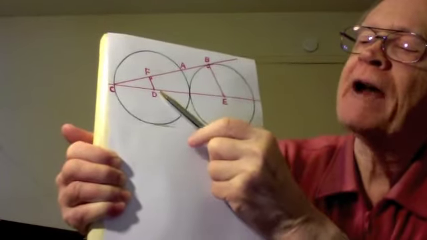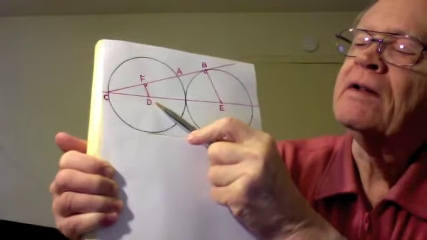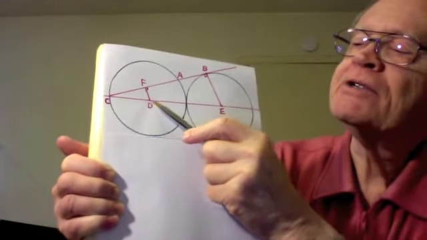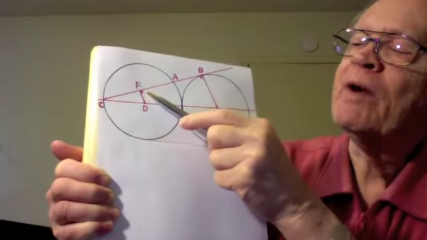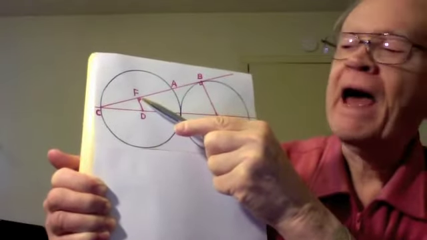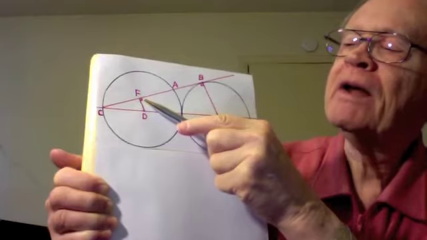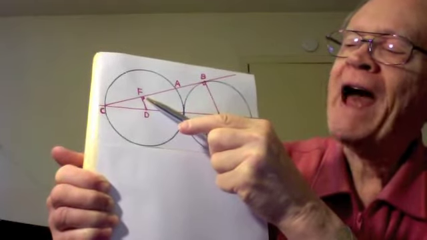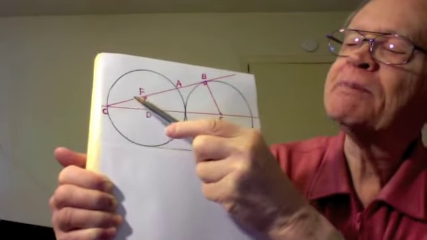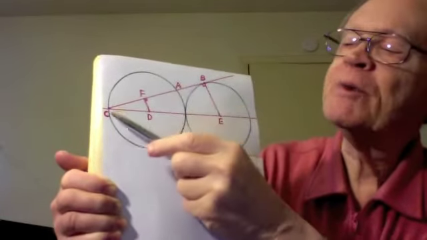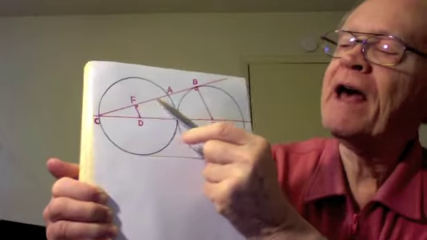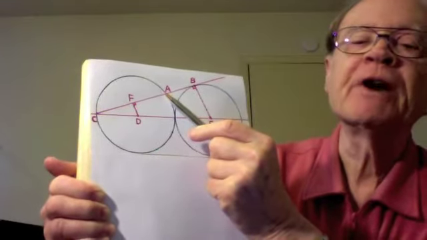I also connect the center D to the slanted line, that point of intersection being F, and I make this perpendicular. That, by a fact of geometry, splits CA into two equal parts, so CF and FA are equal to each other.